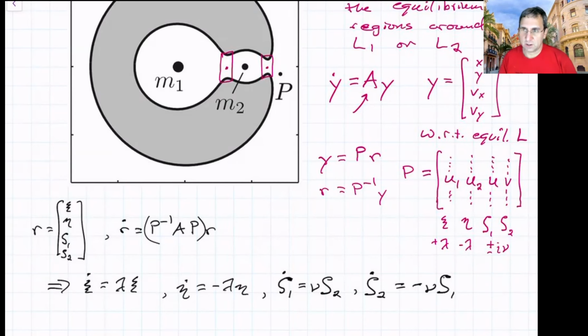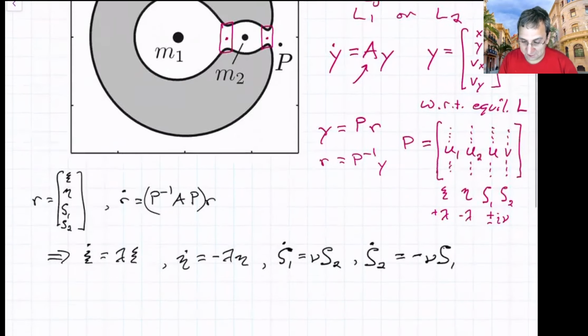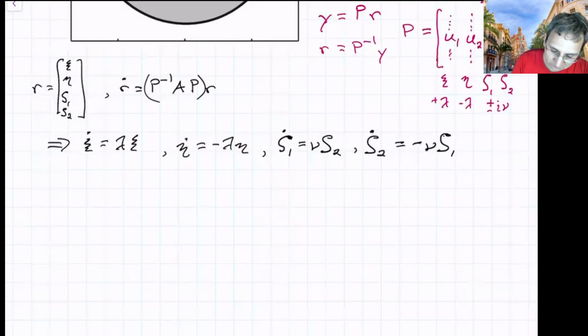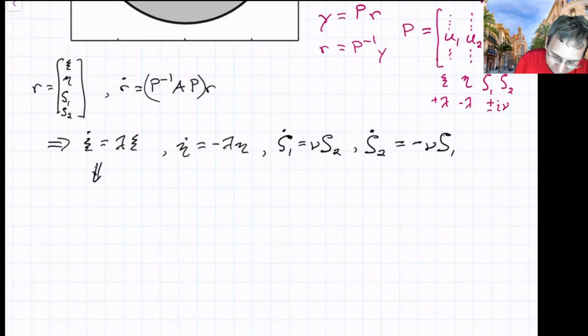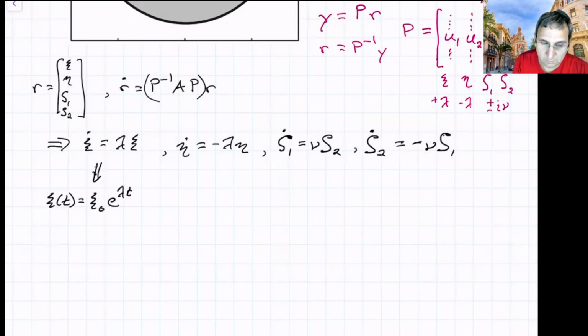And these equations are simple enough that we can analytically write the solutions. So if we were to solve, say, this first one, c as a function of time, it's going to be an initial condition, c naught e to the lambda t. So that's how anything in the unstable direction is going to grow exponentially with this rate lambda.